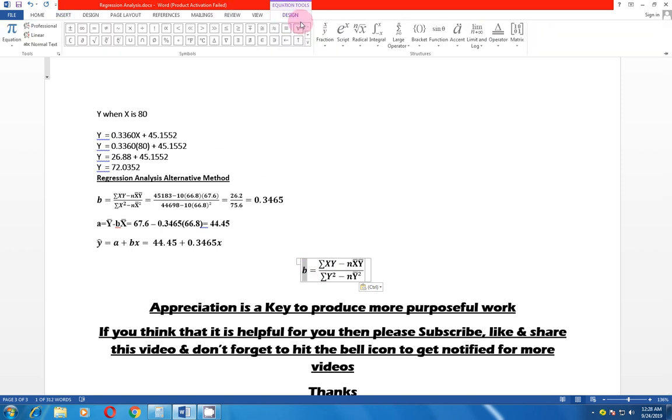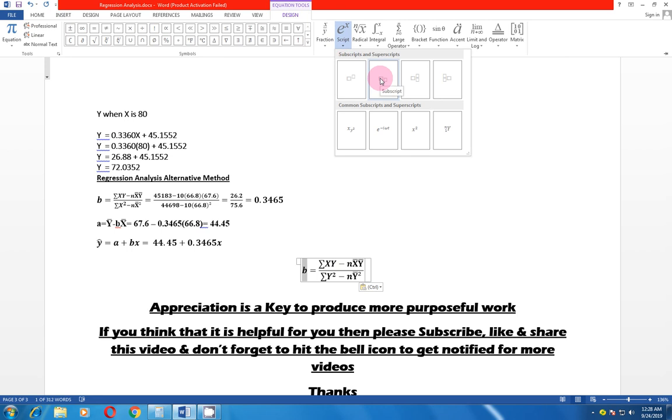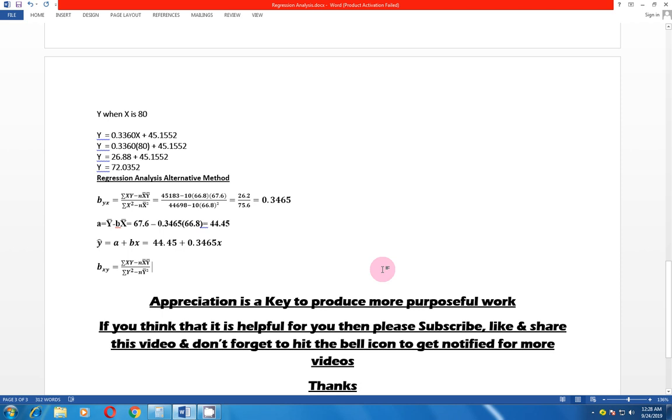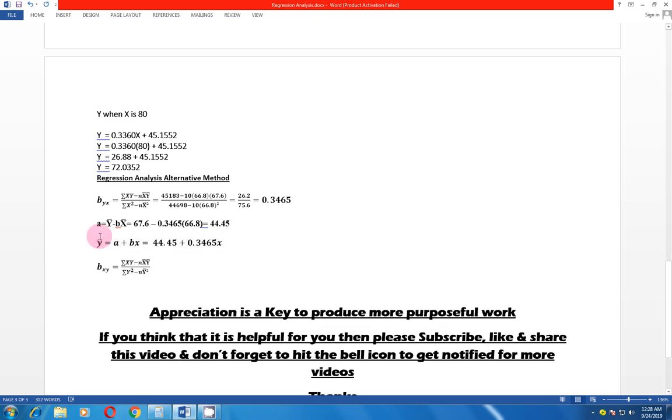I want to add something more to clarify. Now it is right. So that will be the formula for beta x on y. And similarly, we will change the formula for alpha.